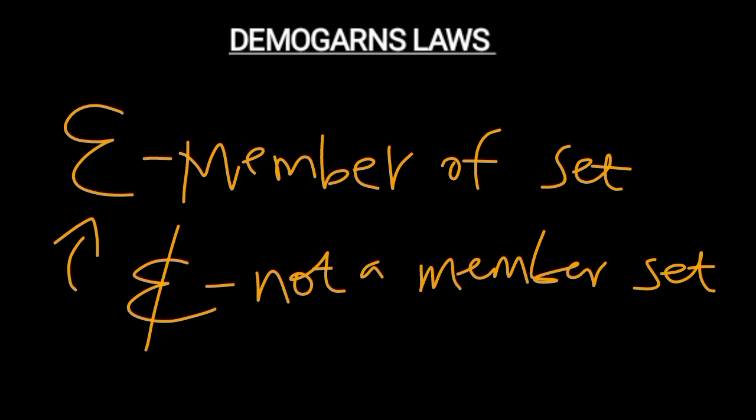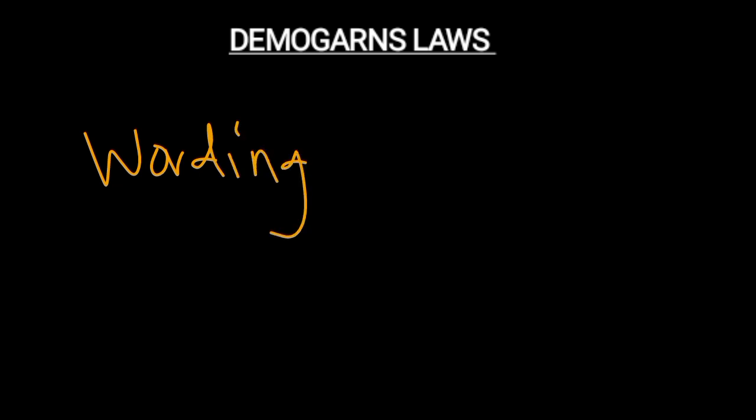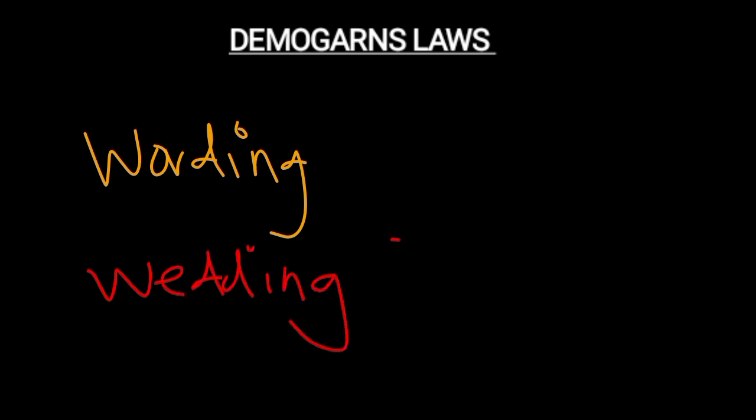So apart from union, intersection, member of or not a member of, we are also going to focus much on the wording. In mathematics, we are going to be interested in the wording.